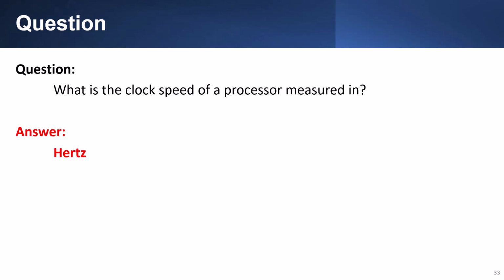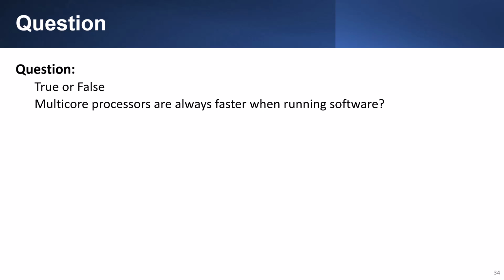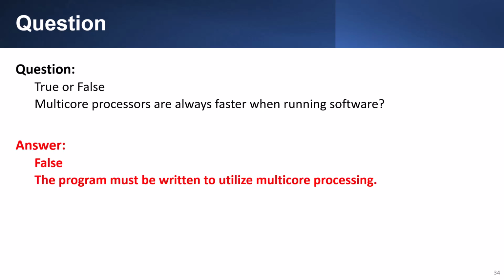Answer: hertz. Question: true or false? Multi-core processors are always faster when running software. Answer: false. The program must be written to utilize multi-core processing.